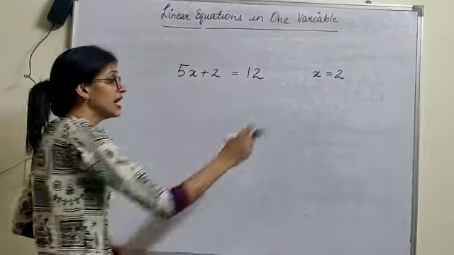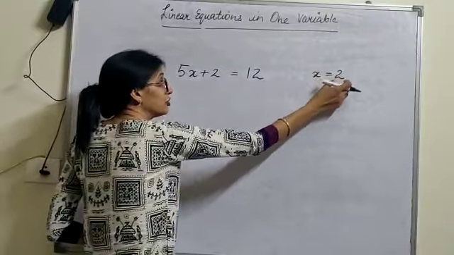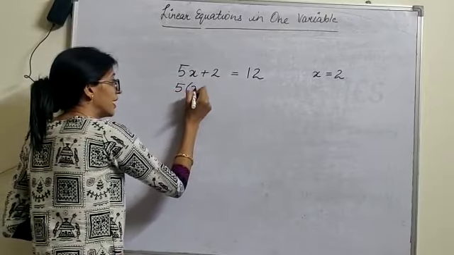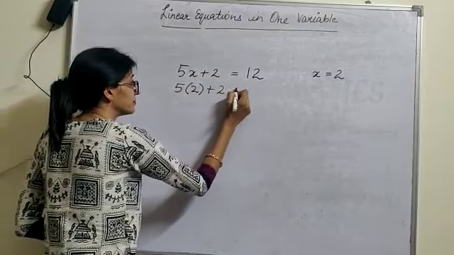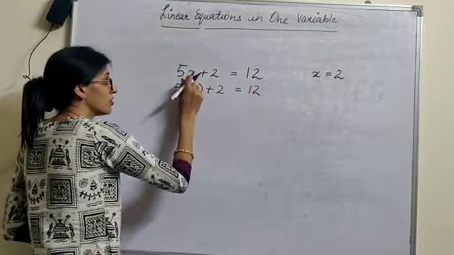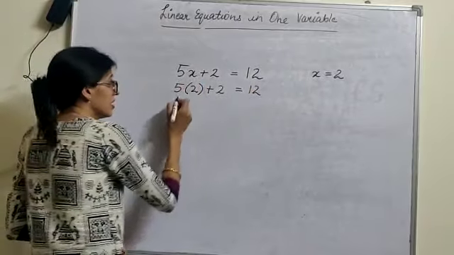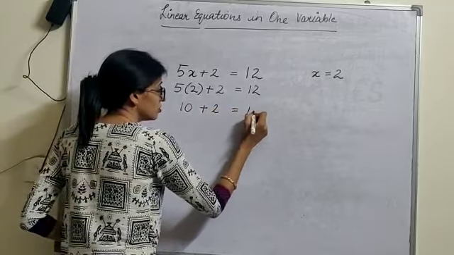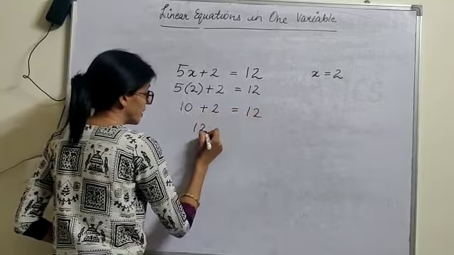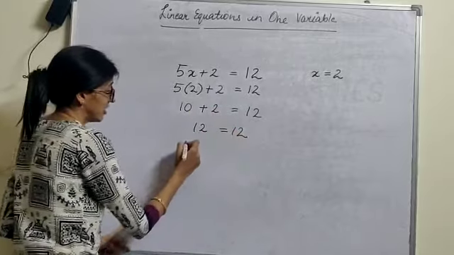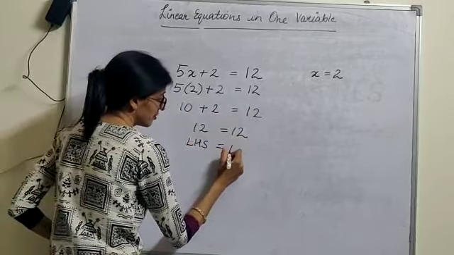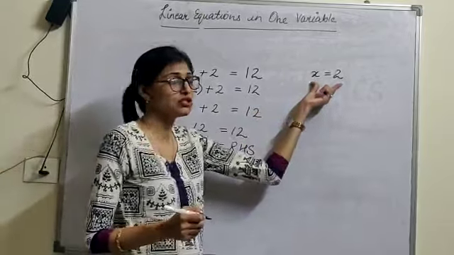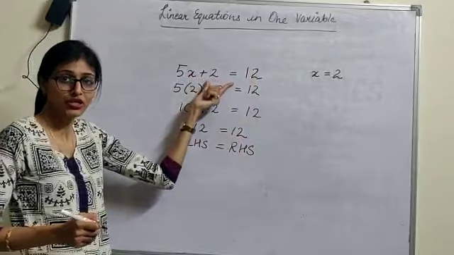So what we have to do, we have to put the value 2 wherever you find x. x is 2, so I put 2 over here. So 5 into 2, 10, plus 2 equals 12. 10 plus 2, 12. 12 equals 12. So left hand side is equal to right hand side. So we can say yes, x equals 2 is a solution of the given equation.